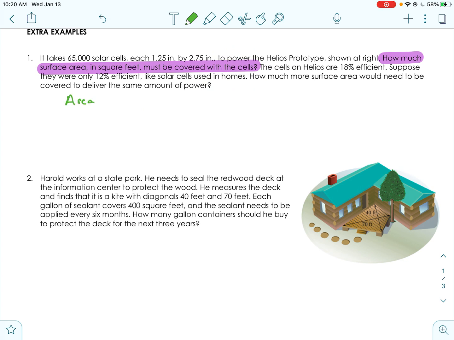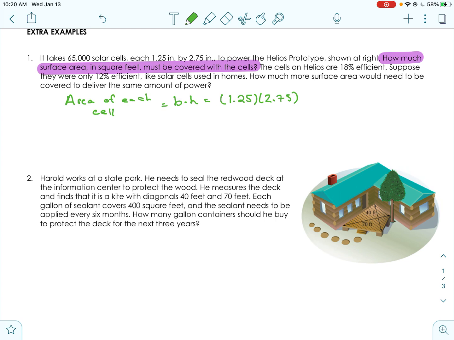the area of each cell is equal to base times height, which is 1.25 times 2.75.